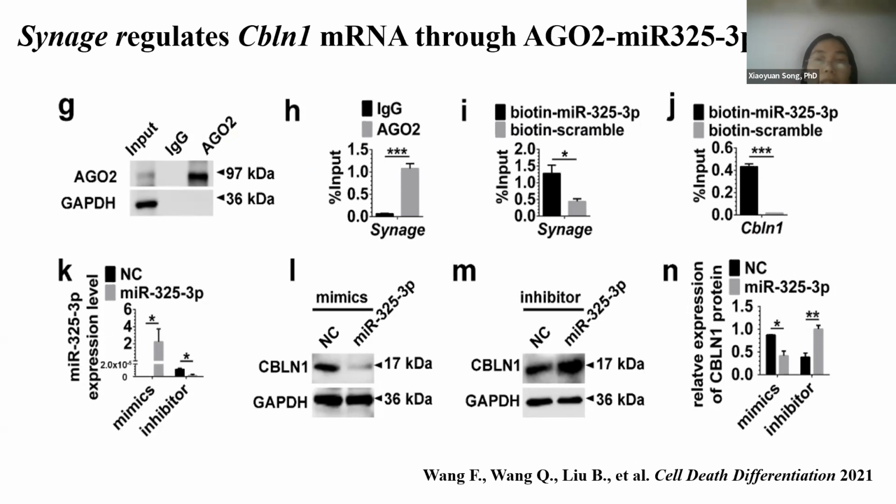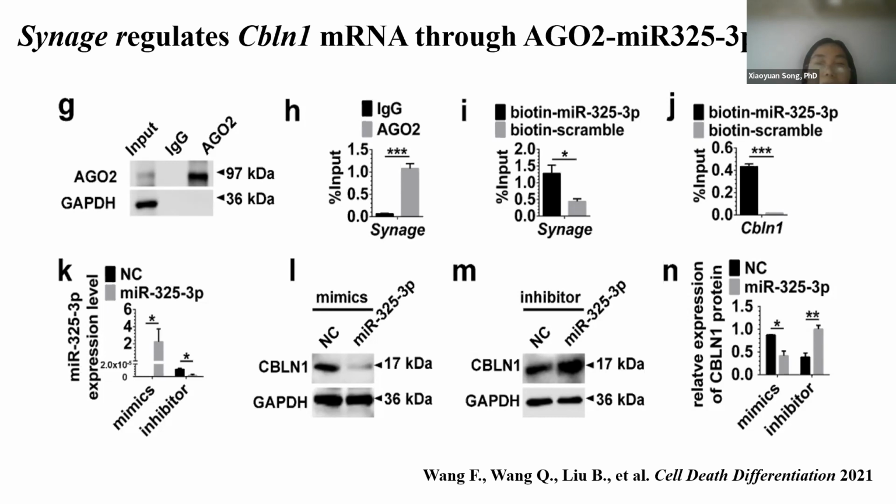And in the in vitro system, we can show that binding labeled mu 3 to 5 3P can interact with Synage and CBL1, and the in vitro mimics or inhibitor can respectively inhibit or increase CBL1 protein levels.